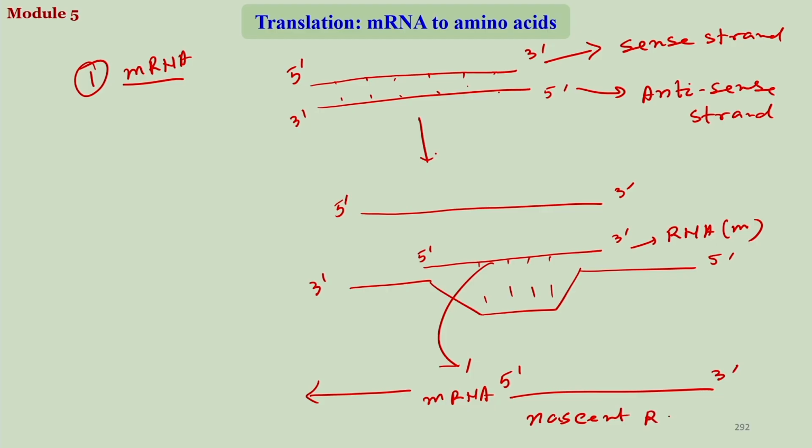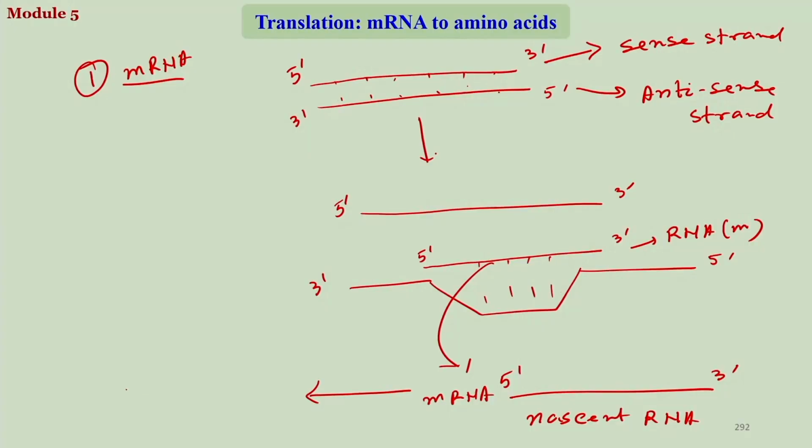So, nascent RNA, just born, just developed, but a large part of our gene is not important to synthesize proteins. So, all the unnecessary part of the RNA would be removed, clipped off, and it will give you a matured mRNA. That is the transcription process.